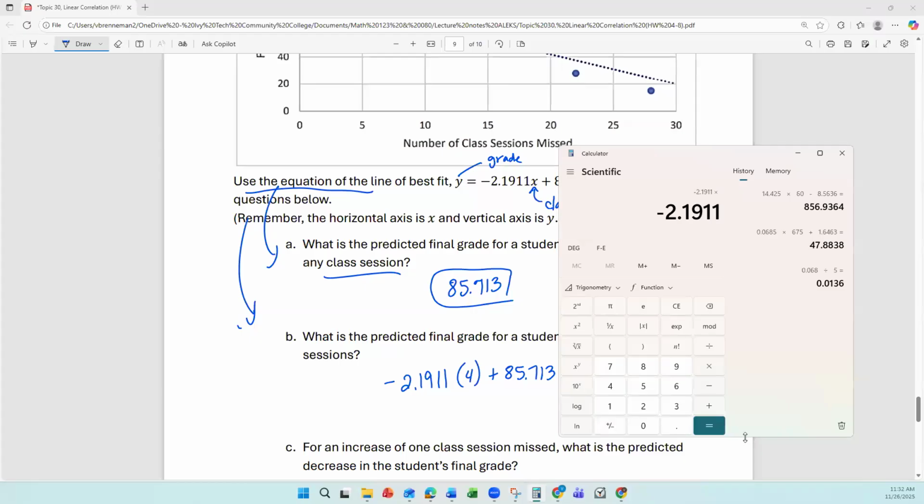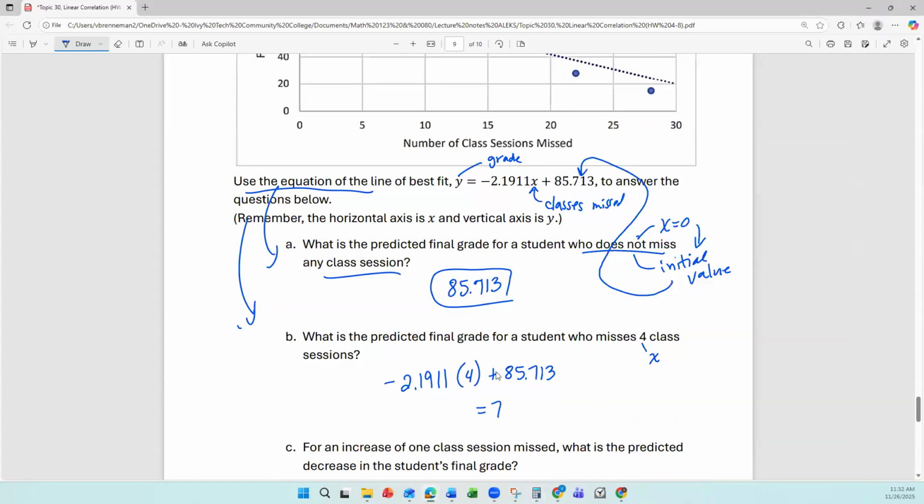Make sure you know how whatever calculator you're using does negatives, so that you get that correct. That gives 76.9486. And again, don't round if not told to round.